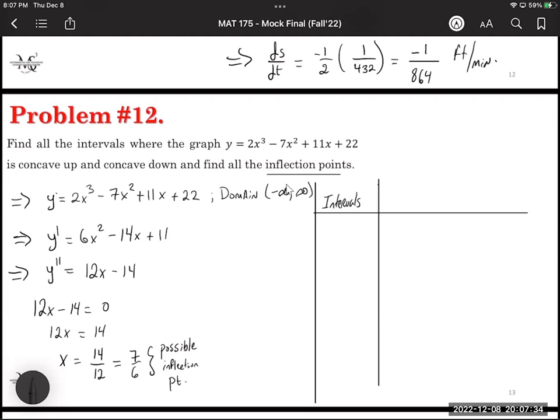The first interval goes from negative infinity to positive 7/6, and my second interval goes from 7/6 to infinity. Now for each interval, I have to come up with a test value.